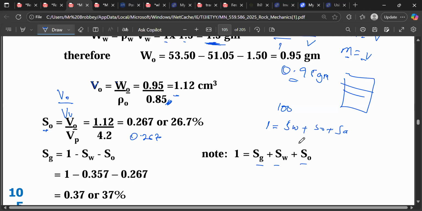So you want to take your saturation of water and the saturation of oil, and when you take them out of 1, you are going to get the saturation of the gas content. So that is what we were doing here. 1 minus 0.57375 minus 0.267.